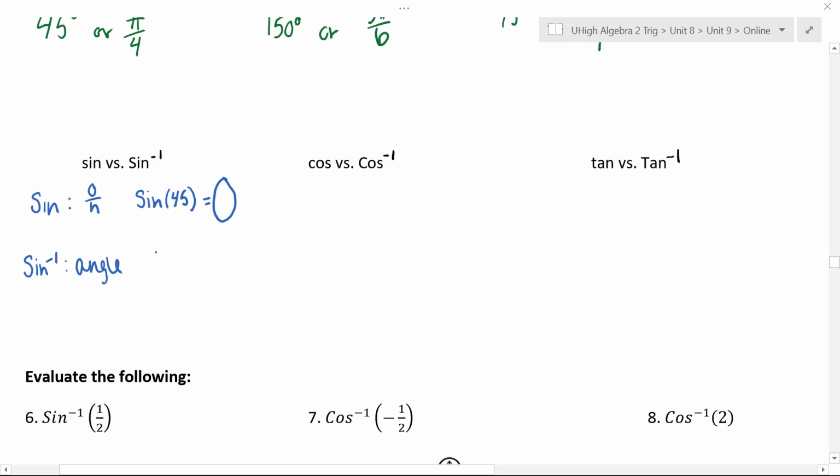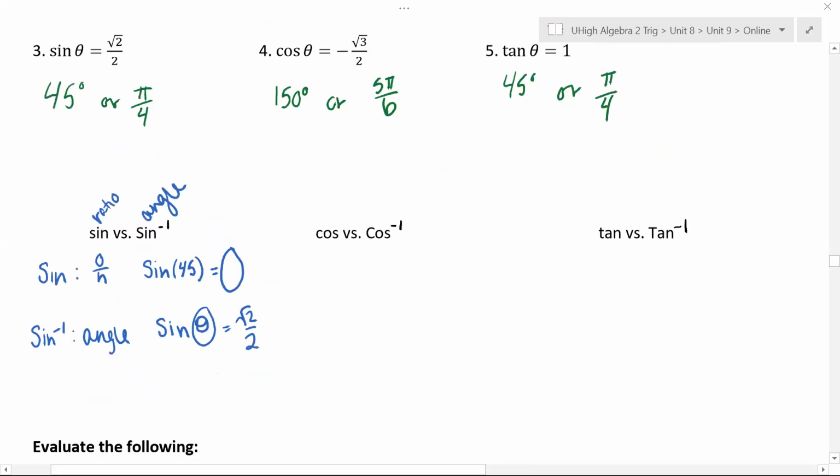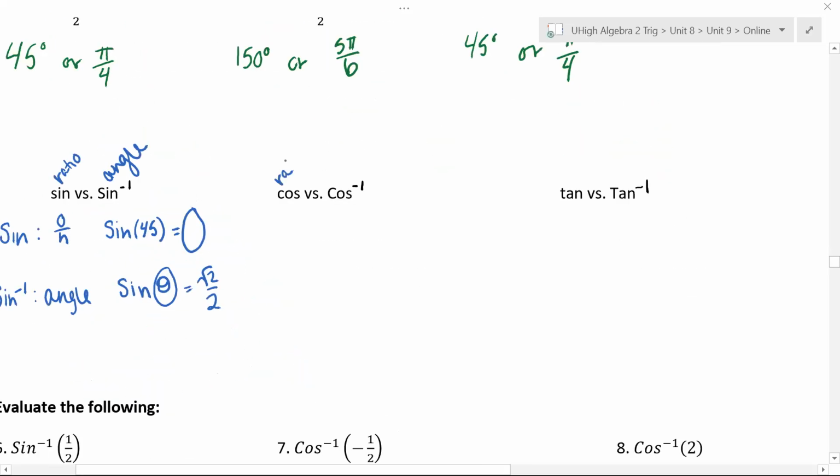For example, something like we had above, the sine of my something equals root 2 over 2. When I'm looking at my sine, I'm looking at that ratio. When I'm looking at my inverse, I'm looking for my angle. And that's going to be true for all three of these. My original trig function is looking at a ratio, and my inverse is looking for an angle.